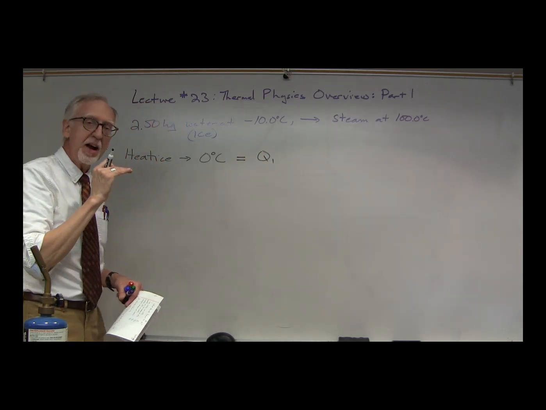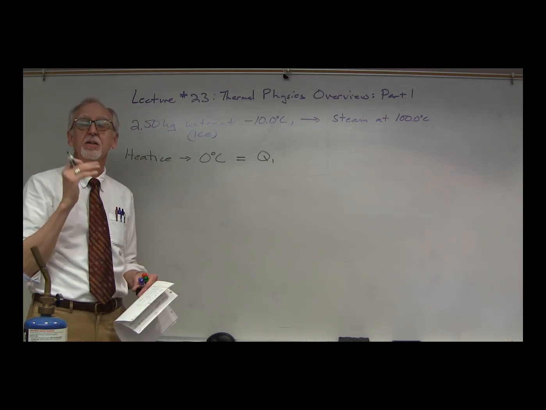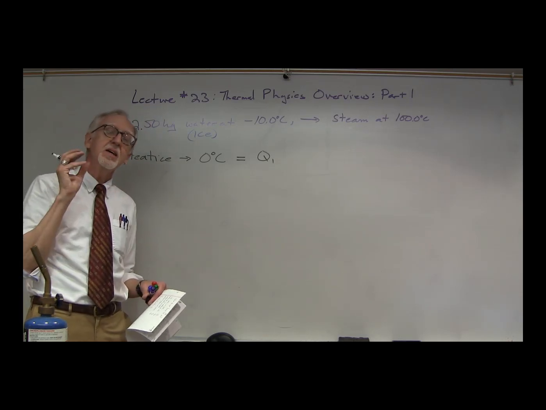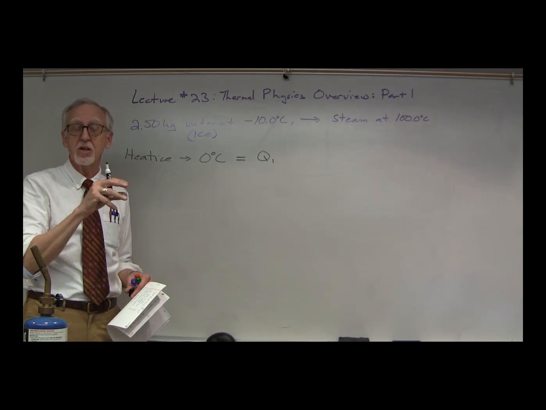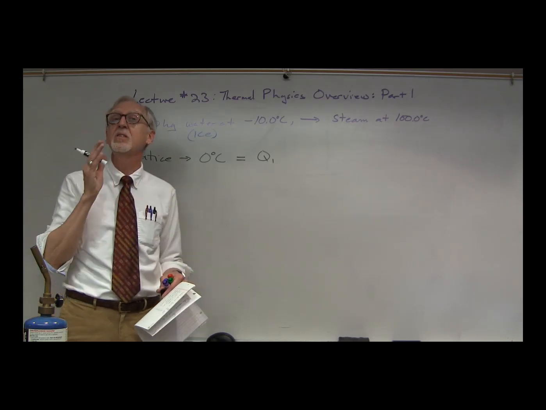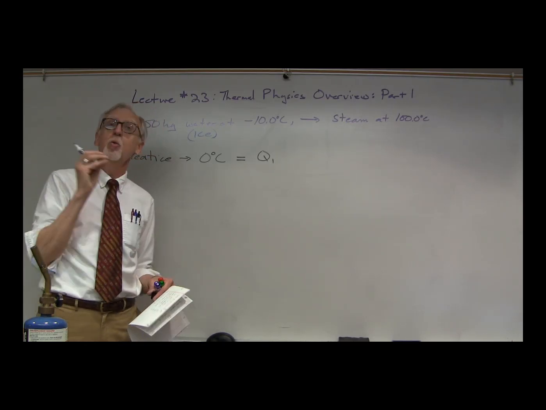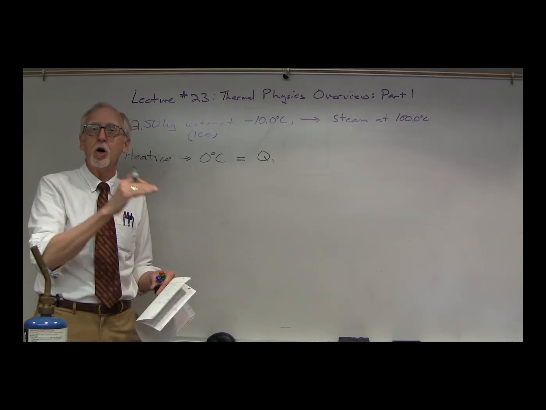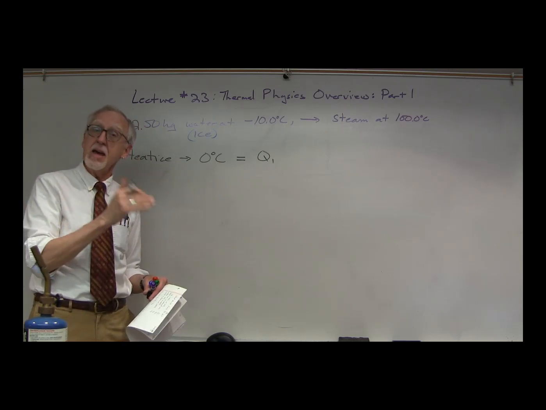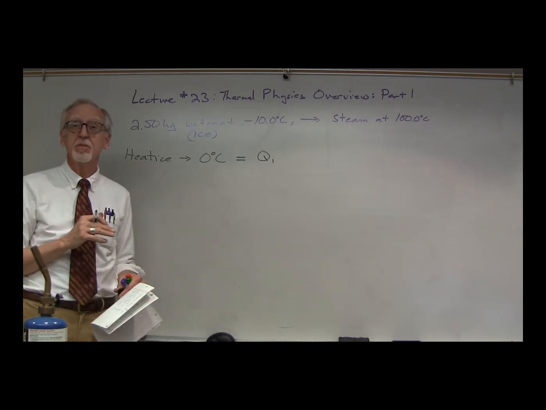Then what happens? We've got ice at 0 degrees Celsius. We continue to add energy into it. What's going to happen? Well, the ice will start to melt. So we keep adding energy until all of the ice melts, and then we've got 2.5 kilograms of liquid water.